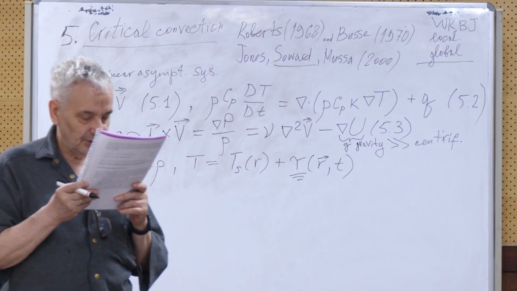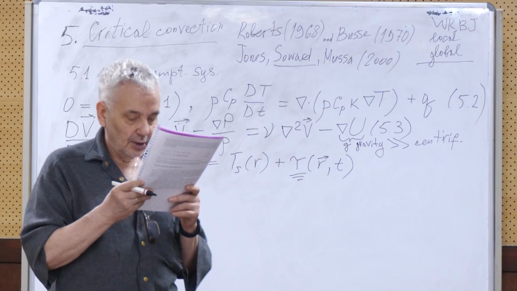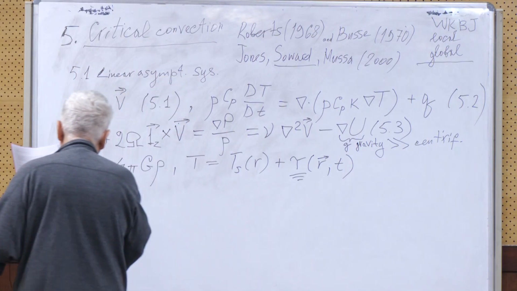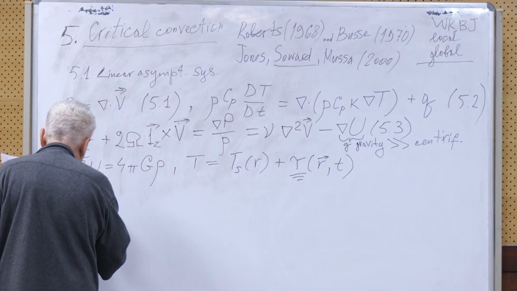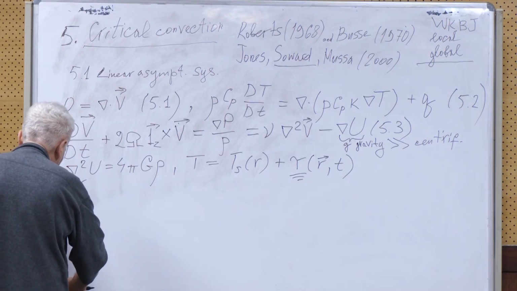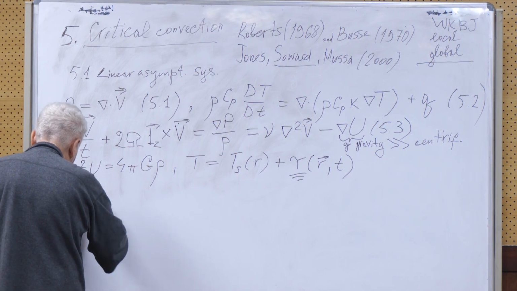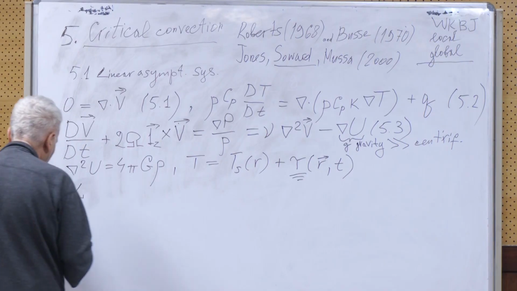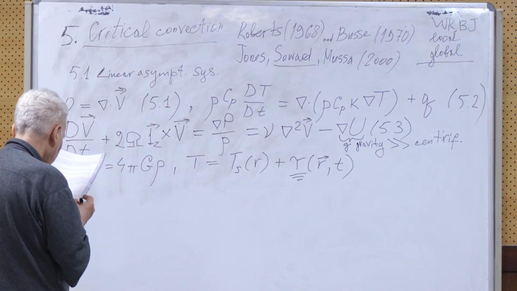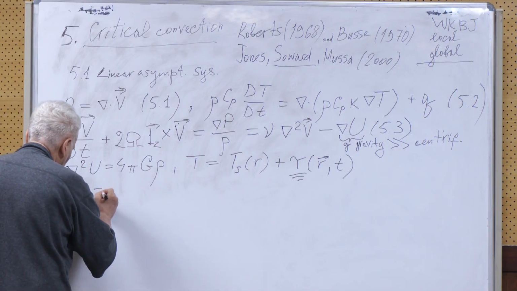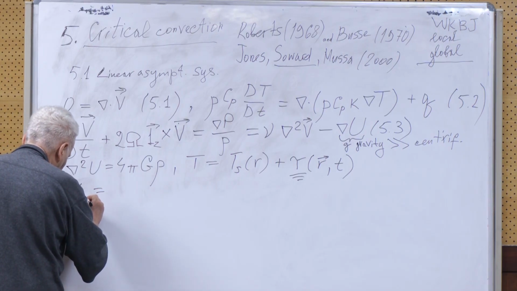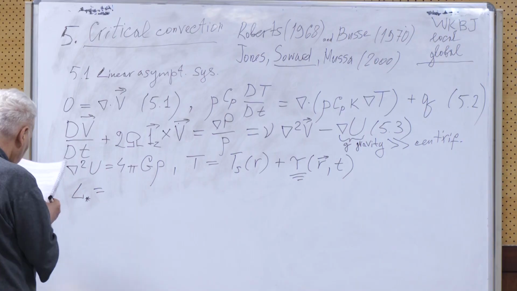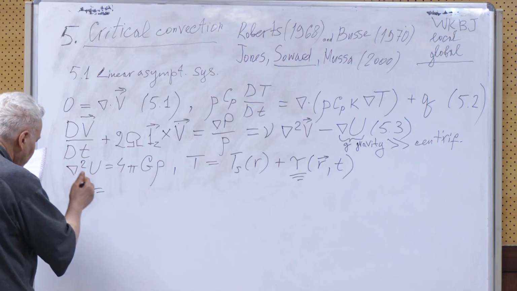So we take the outer radius of the layer as the unit of length, then the viscosity. As we discussed, it's not good to use R, so let it be L. It's the unit of length.